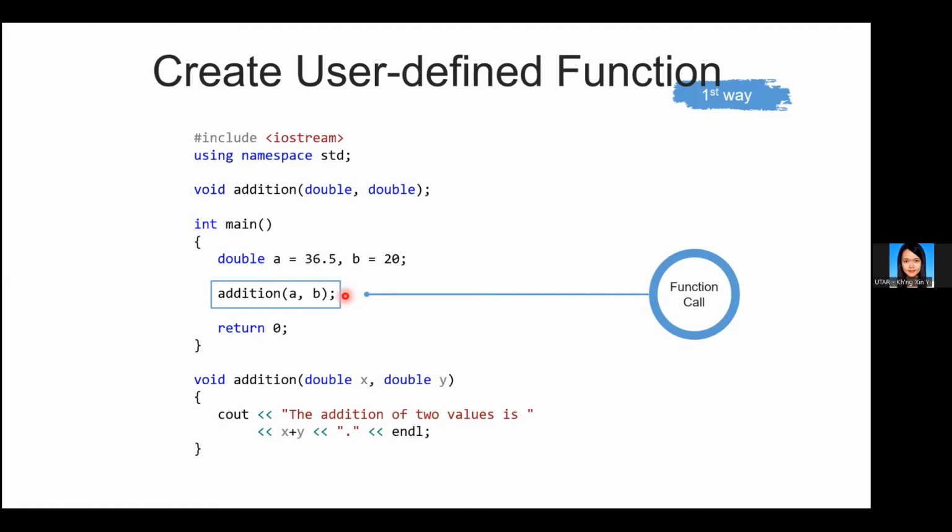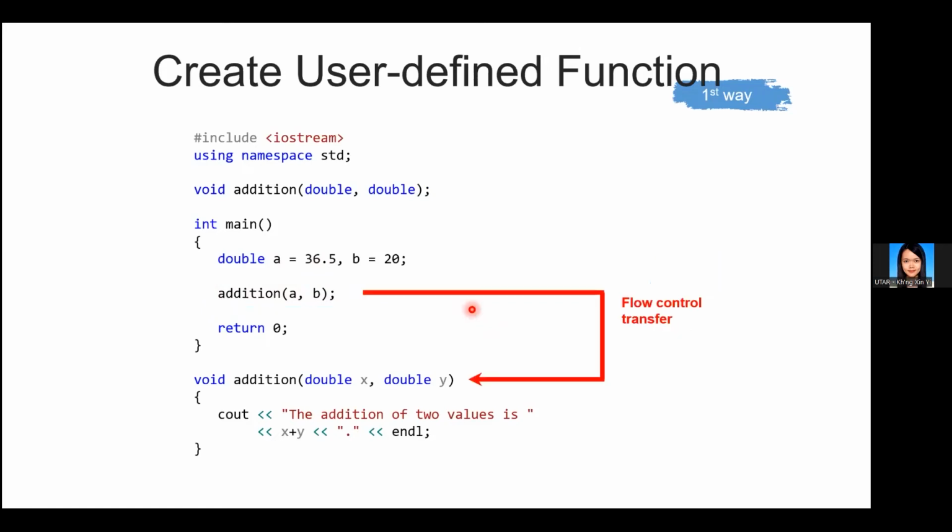The main function is not going to proceed to execute any statement. When the function is being called, you can see that the control will pass from the main function to the function that we call. This is what we call the flow control transfer. The control passes from the main function to the function we call.